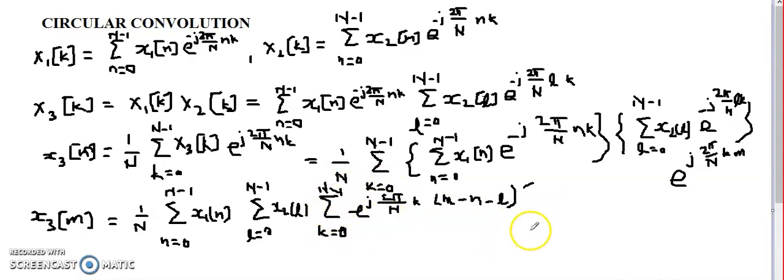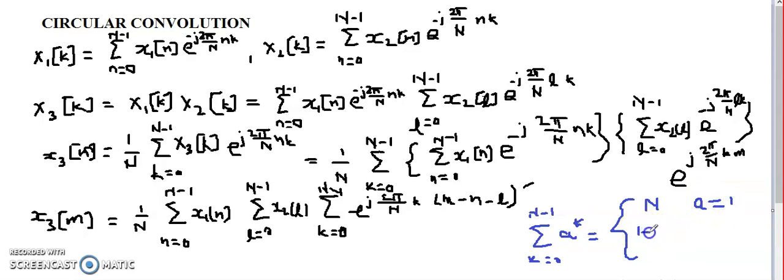The sum of a GP, if we have to add, let us suppose k from 0 to N minus 1, total N terms of a raised to power k, then it is equal to N when a is equal to 1, and it is 1 minus a raised to power N by 1 minus a if a is not equal to 1.